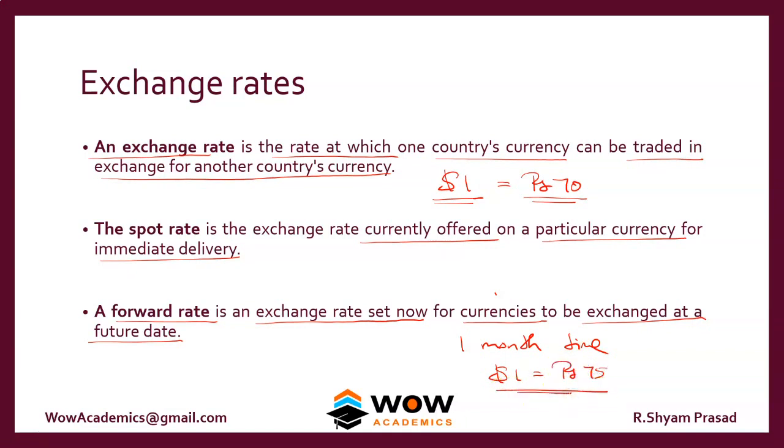So this is a forward rate. The forward rate works like this: $1 to 75 rupees. Forward rate is always in terms of a future period where you are promising to give $1, and you are also asking the promise of another party to pay you the other amount. So that is about the forward rate.